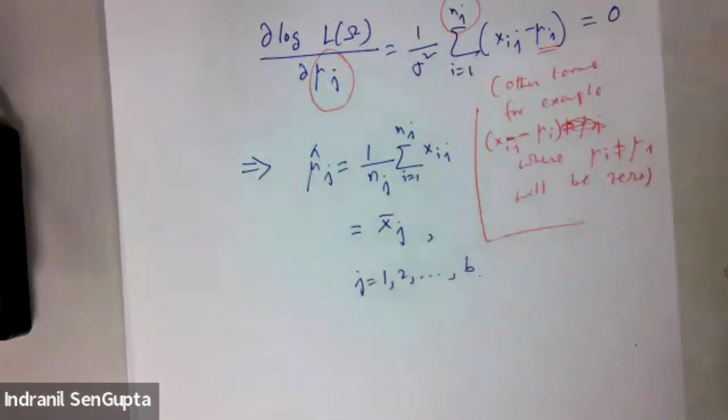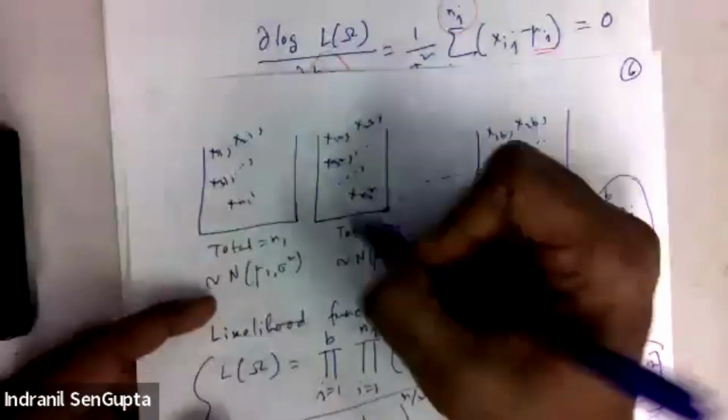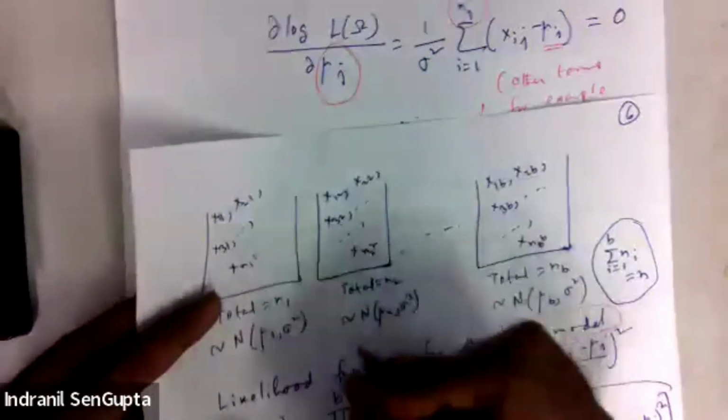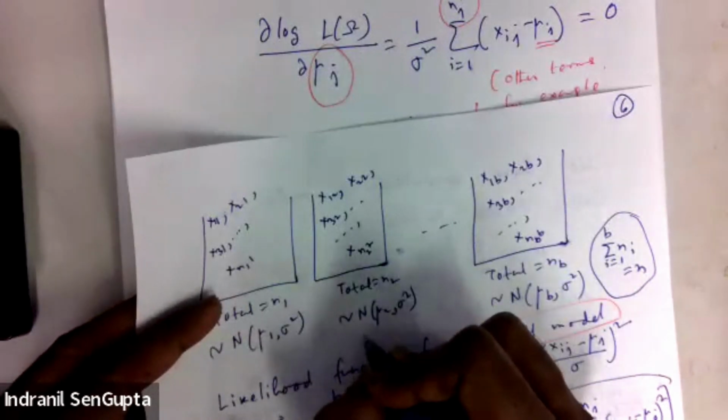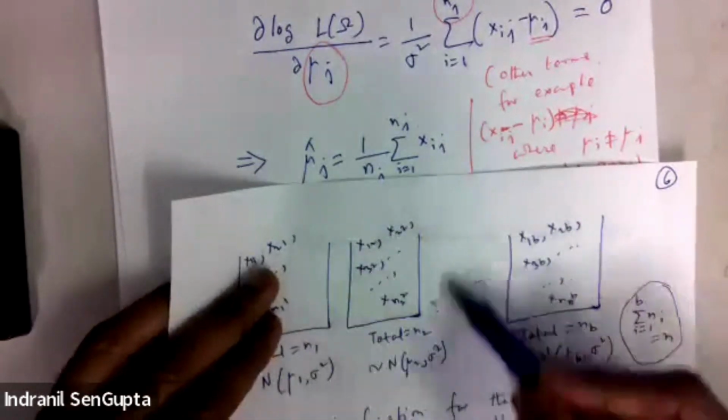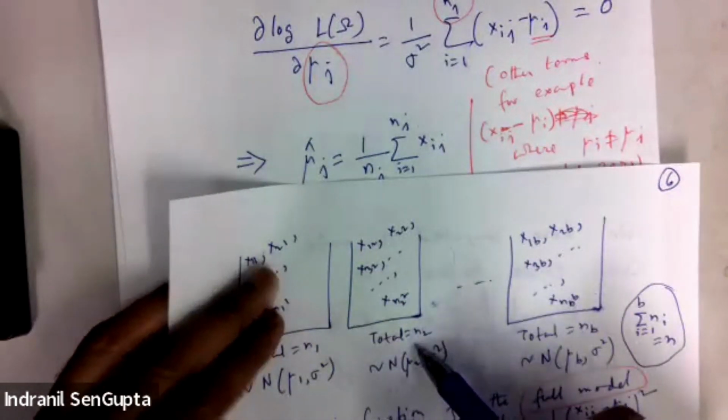Once again, what is this quantity? For instance, if I want to compute x2 bar, it would be the sum of all these divided by n2.